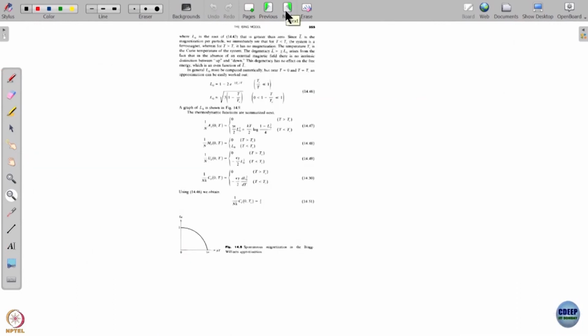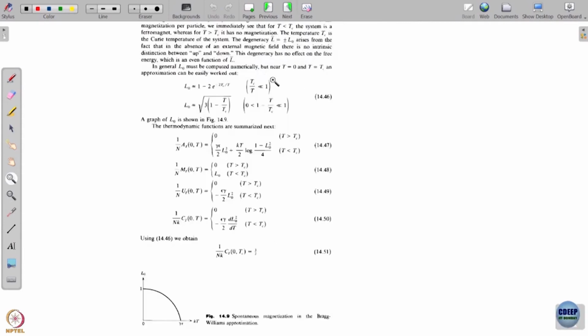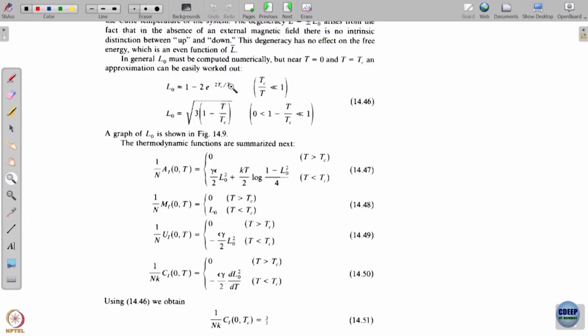One beautiful thing of all these calculations is that in general it can be obtained numerically, and one finds something very interesting. Near the critical temperature, close to Tc, is a subject of great interest because of what is called critical phenomena, and we have done Landau theory of critical phenomena somewhat.